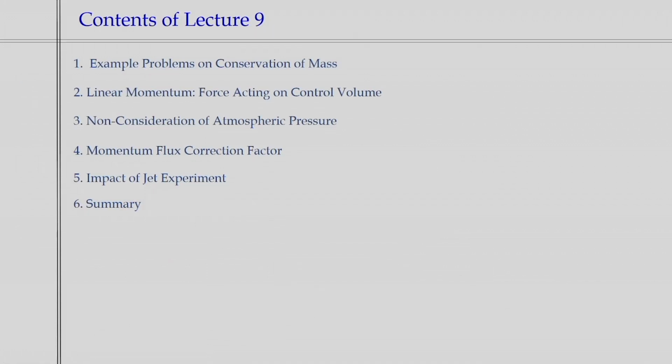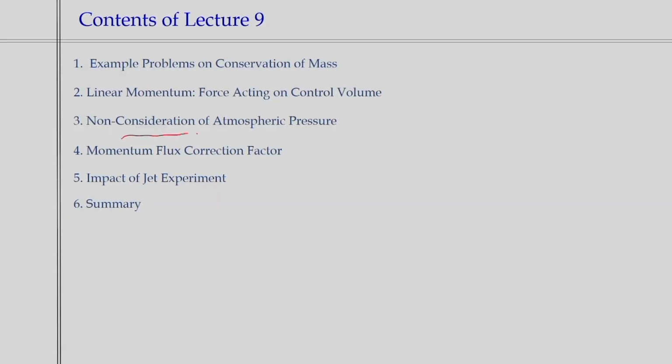Let me come back to today's lecture and what I will cover. First, I will give a few more examples on conservation of mass. Then we will write the linear momentum equations for fixed control volumes or moving control volumes.